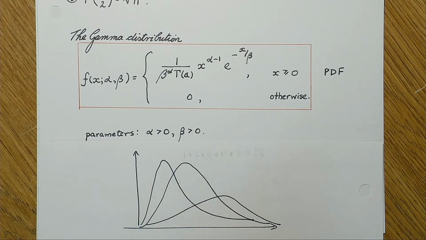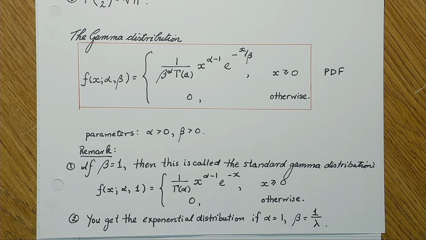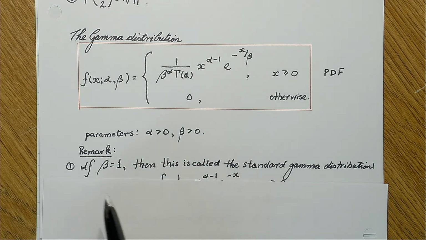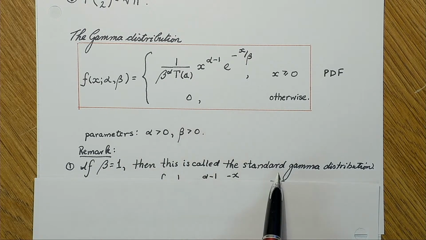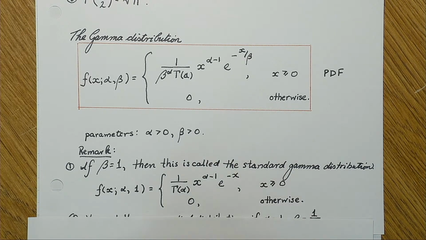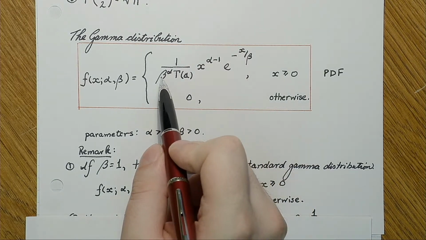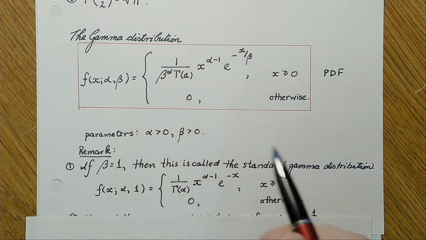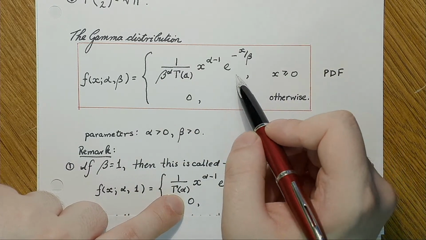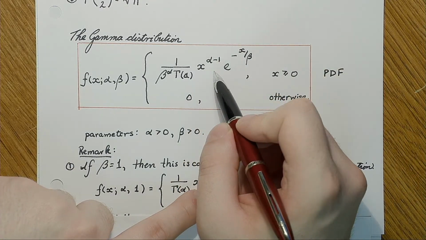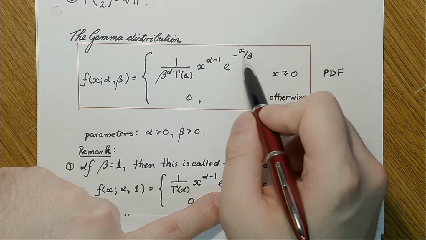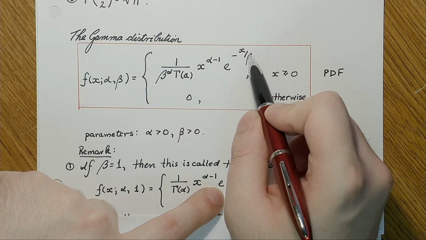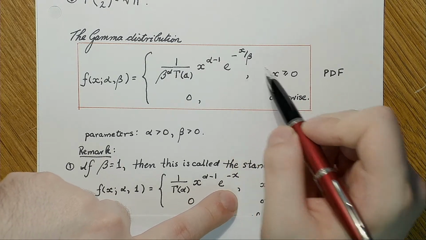So to give you an idea of what the PDF would look like: if beta is equal to 1, then this is called the standard gamma distribution. All I've done here is replace the beta with 1, so I'm just left with the gamma of alpha, and then the x to the alpha minus 1, and the exponent simplifies from minus x over beta to just e to the minus x.